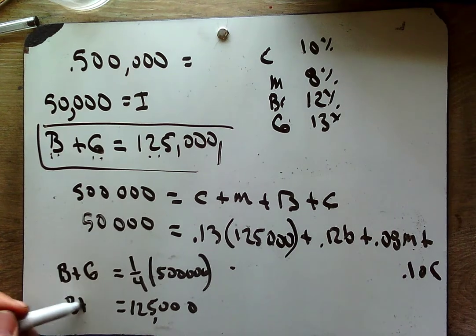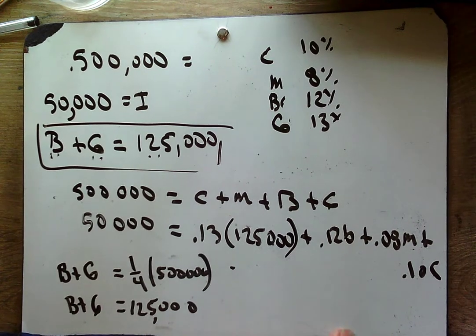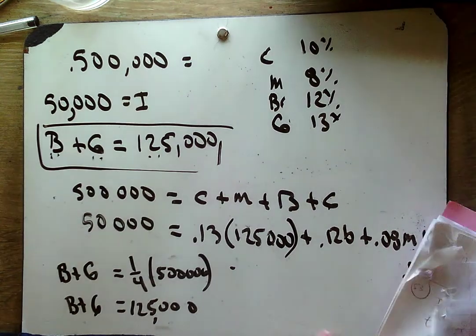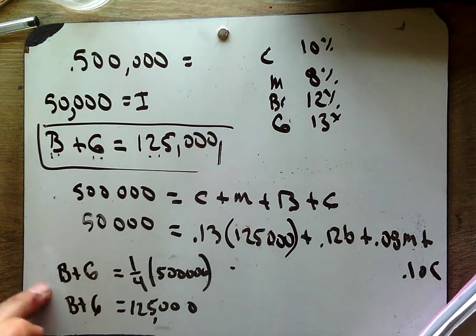But that's B plus G. But in my notes, I don't have B plus G. Huh. They are stocks, aren't they? I'm going back to read the problem a fourth time now. Okay, says here, blue chip stocks and growth stocks. Yes, these are both stocks.